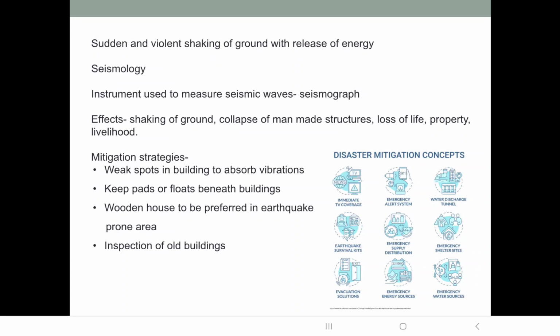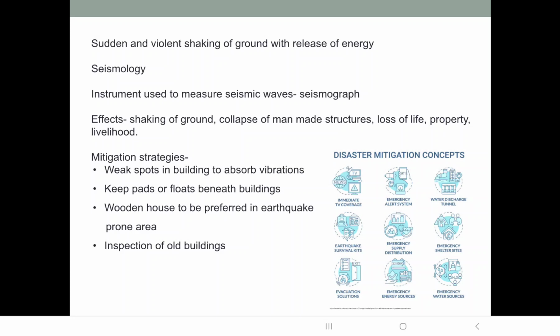Then a number of properties are lost, and in the time it takes to cope, people get affected by various diseases. The effect is such that some part of the body is affected. If they happen to survive the earthquake, for a short or long duration, they suffer from some kind of ailment.